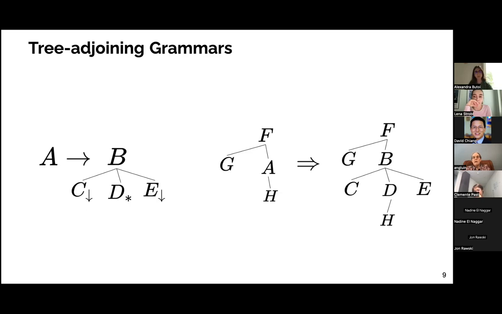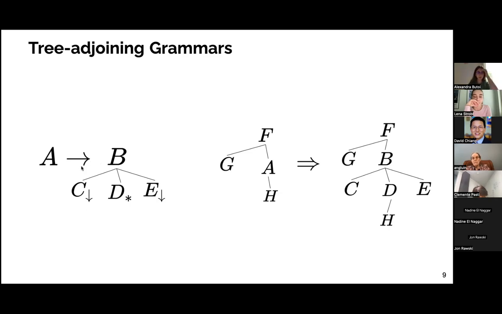So in the more famous, classic definition, you have some elementary trees and then auxiliary trees which you can adjoin at different nodes in the trees and generate trees. But in our definition, you start with a start symbol and you use rewrite rules in order to derive new trees until all the nodes are labeled with either constant symbols or the leaves with terminal symbols.